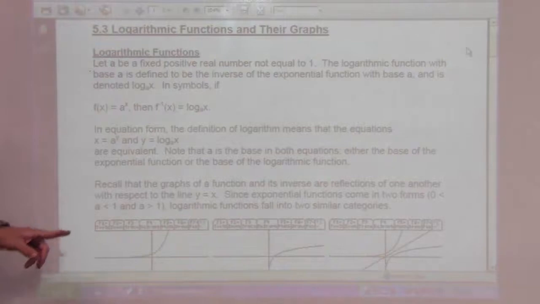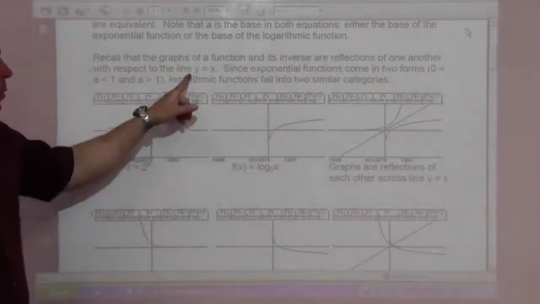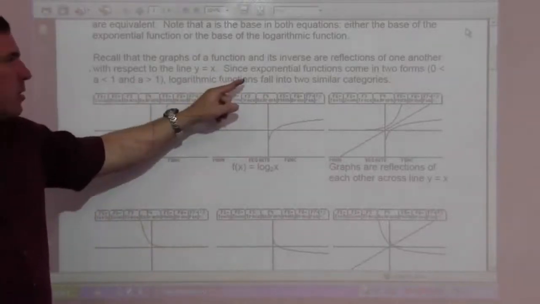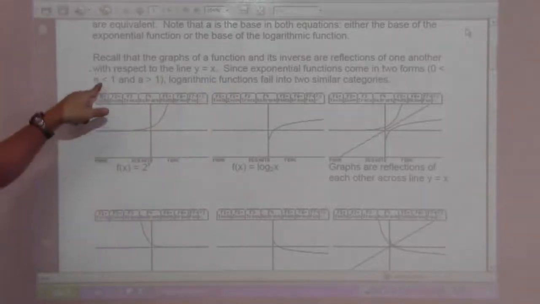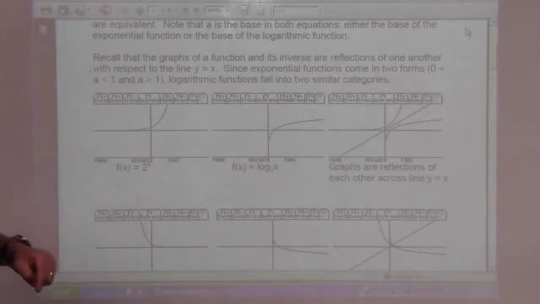Okay. Recall the graphs of a function and its inverse are reflections of one another with respect to the line y equals x. Since exponential functions come in two forms, a between 0 and 1 and a bigger than 1, logarithmic functions fall into two similar categories.